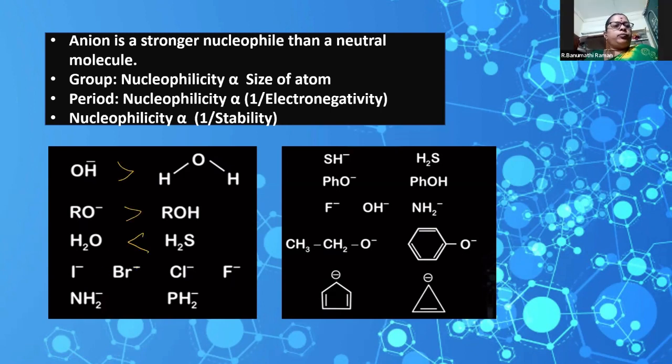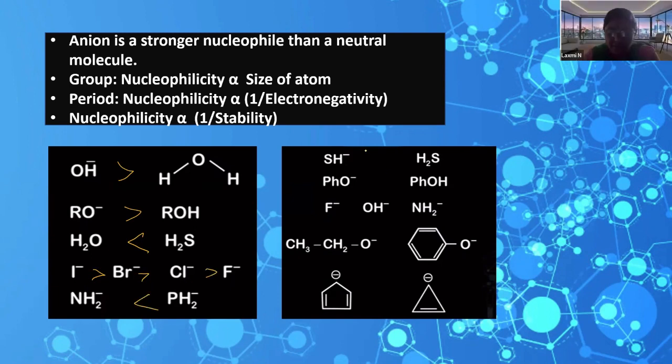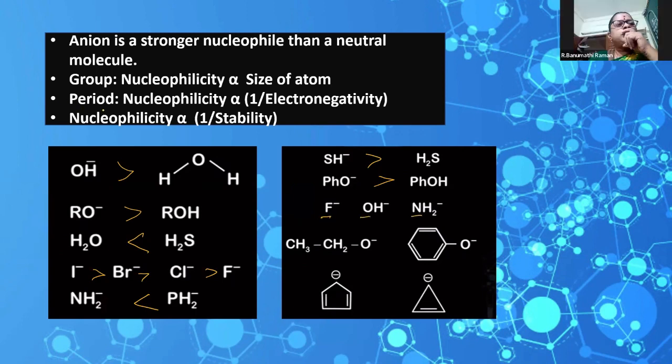Fluorine, oxygen, nitrogen belong to the same period. So there it is inversely proportional to electronegativity. More electronegative will act less as a nucleophile.